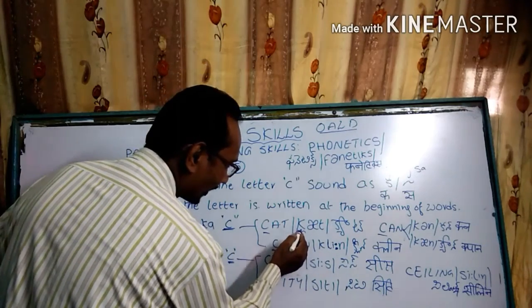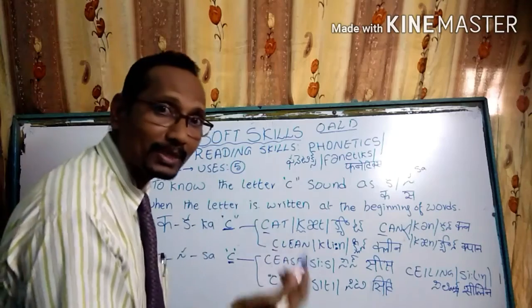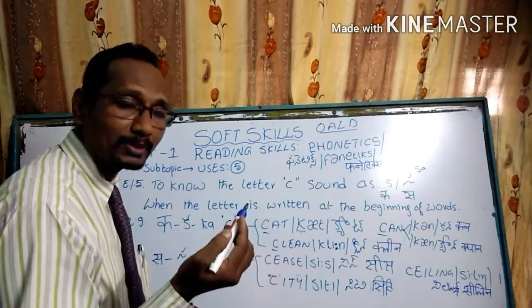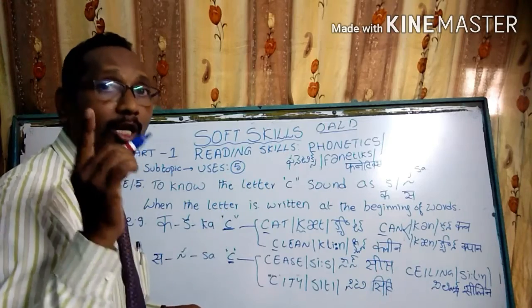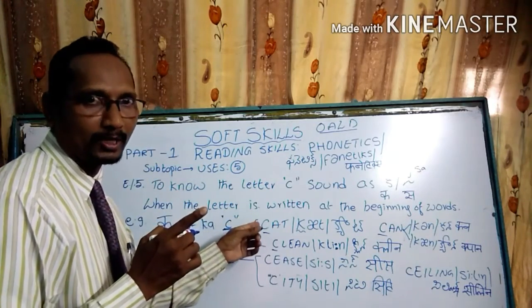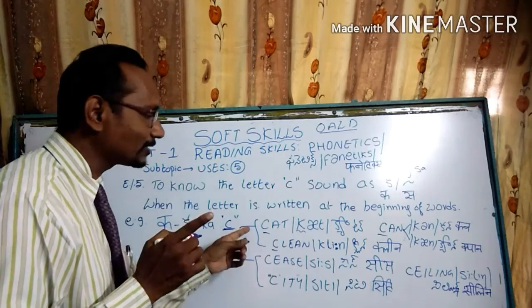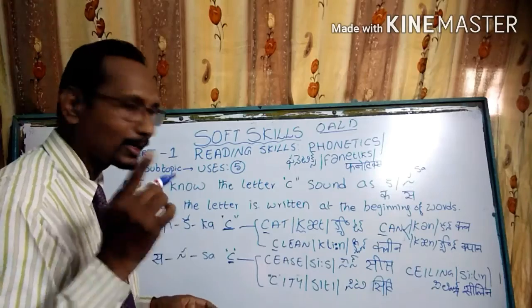Because of K only, not C. C can be written, but when you pronounce the word, whether with a sa sound or ka sound, you should read the phonetic word in the dictionary. Then only you can find out whether it is a sa or ka sound.